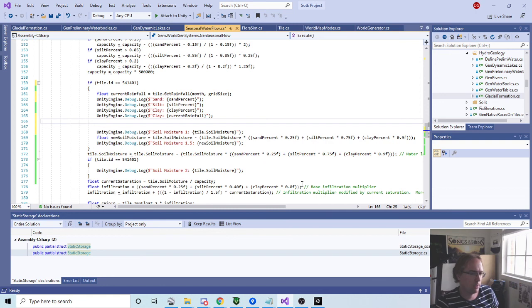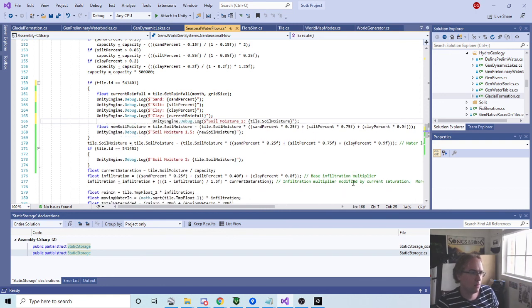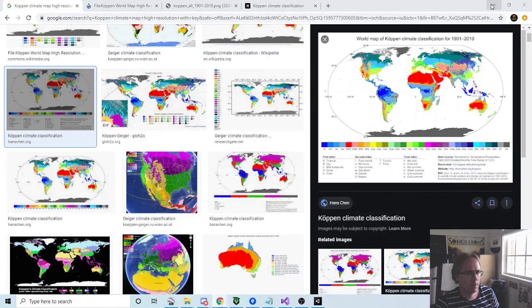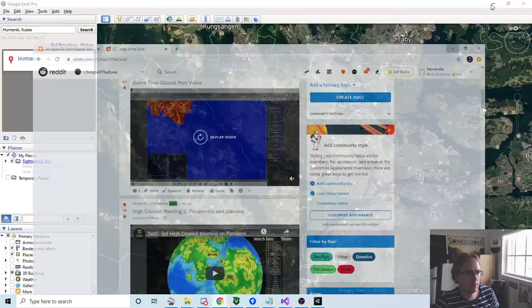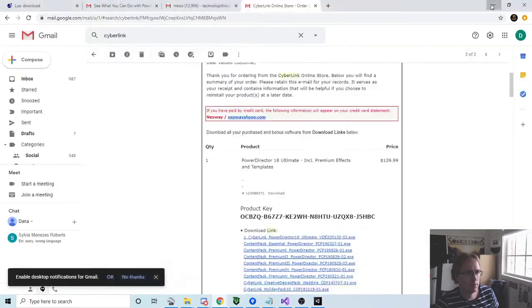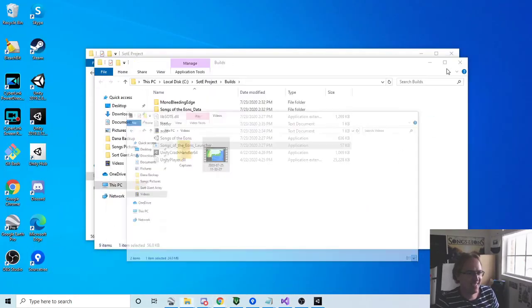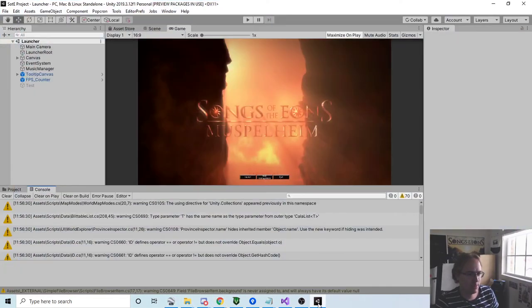Rainfall. Is there really anything else we need here? I don't think so. I may have too many windows open. Okay.